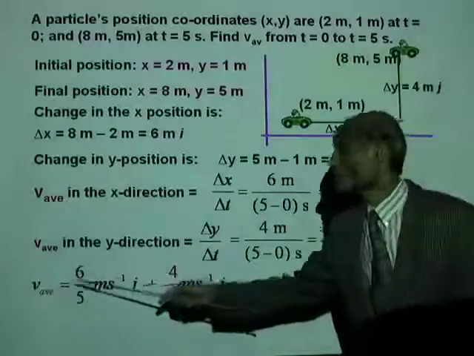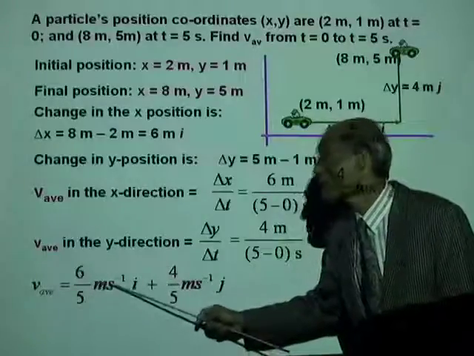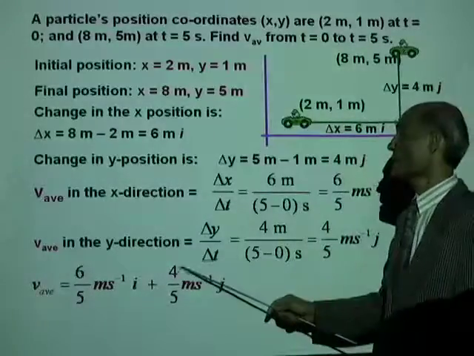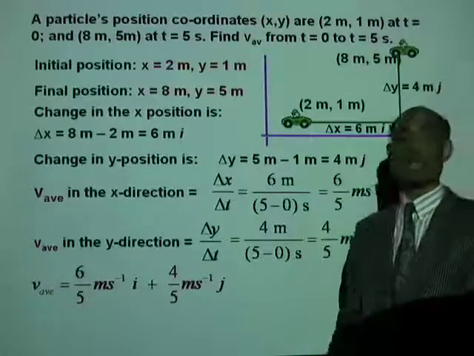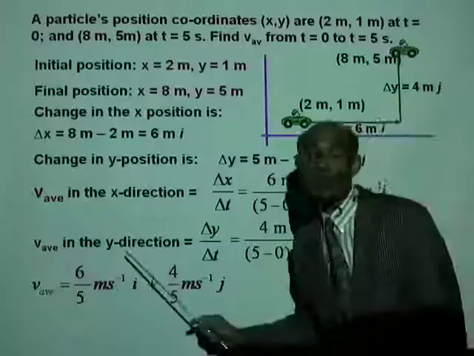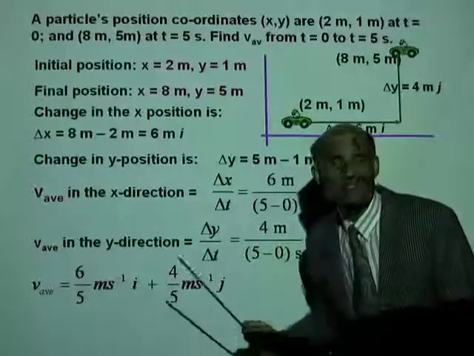And therefore V average, we write it like this: 6 over 5 meter per second i plus 4 over 5 meter per second j. Alright, I want you to now find the magnitude and direction of this.